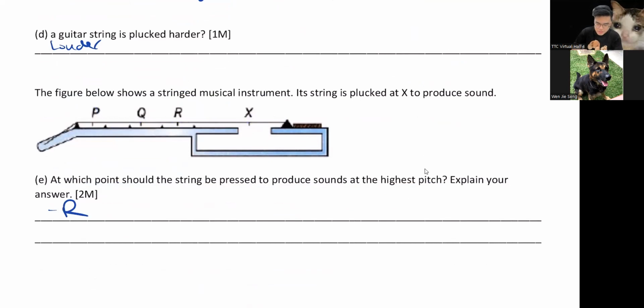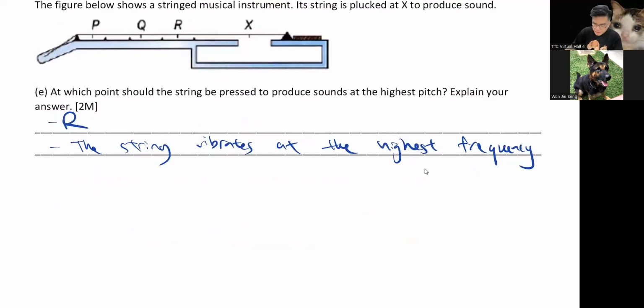So the highest pitch is here. Explain your answer: you can say the string vibrates at the highest frequency.